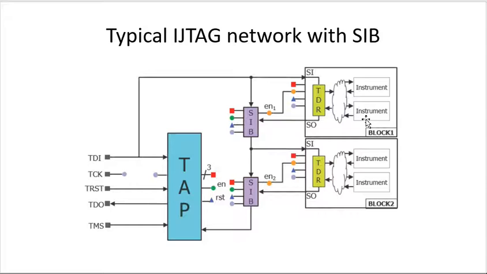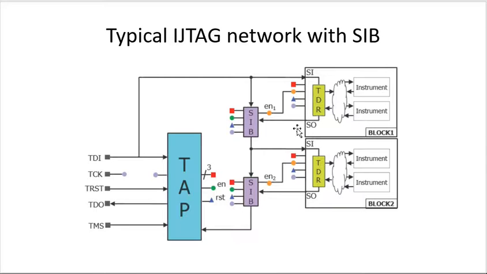These are the SIBs and this is the TDR. When an instrument is being interfaced with a particular network associated to this, it basically involves the SI as well as the SO signals, which are coming from the taps.